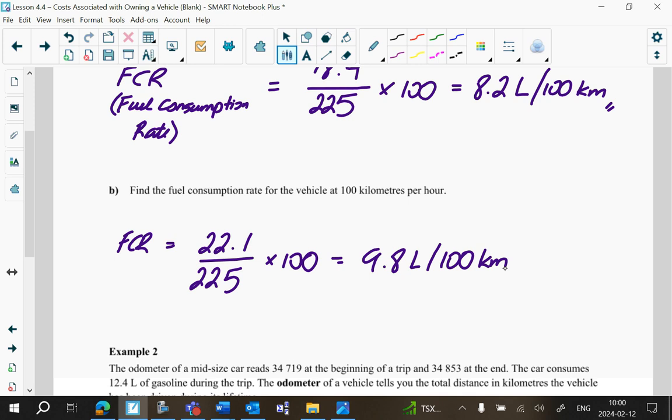However, you're often not going to be driving 60 on the highway. If you are, you're going to frustrate a lot of people. You'd be driving 60 in the city, but a lot of times your fuel consumption rate is going to be higher when you're driving in the city. Why? Why would it be higher in the city?